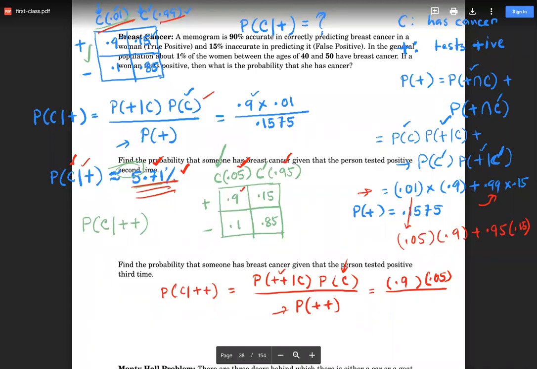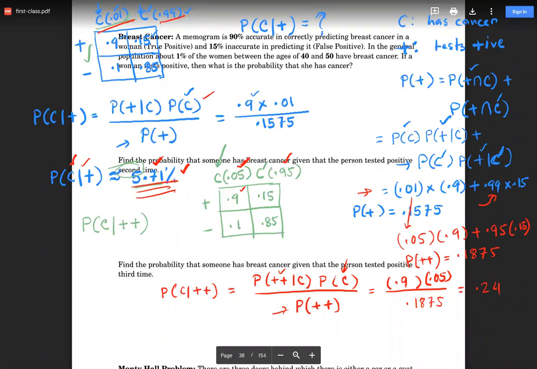That gives me 0.1875. That's the probability of testing positive twice. So this is gonna be 0.1875. So let's do that math. 0.9 times 0.05 divided by 0.1875, which is 0.24, or about 24%.